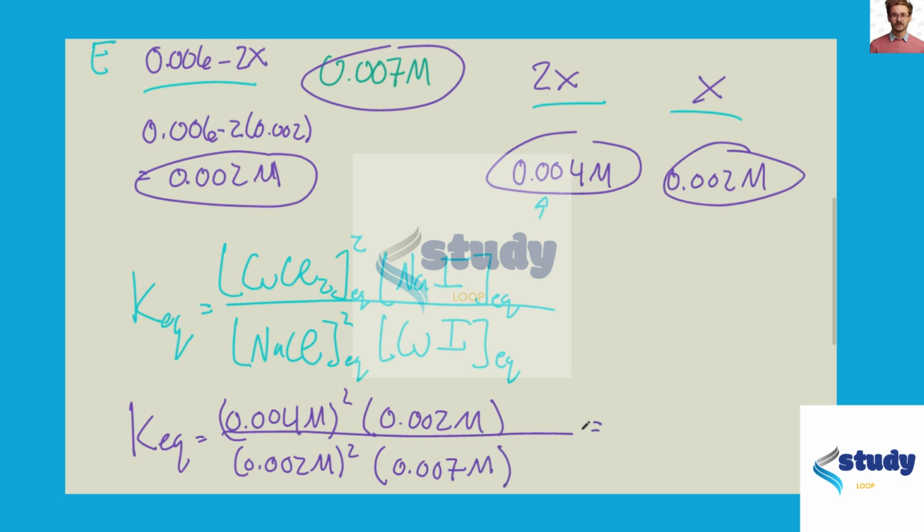Then we just need to put this into a calculator: 0.004 squared times 0.002, divided by 0.002 squared times 0.007. I get 1.143. And it's unitless, right? Squared molar, molar, or molar. Okay, unitless value.